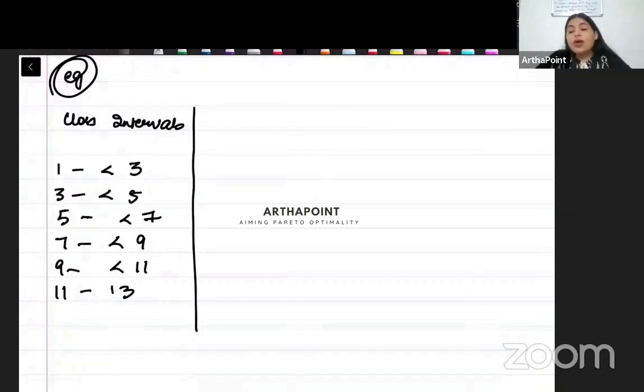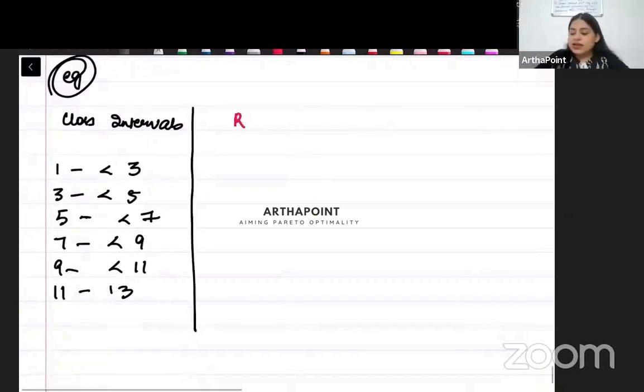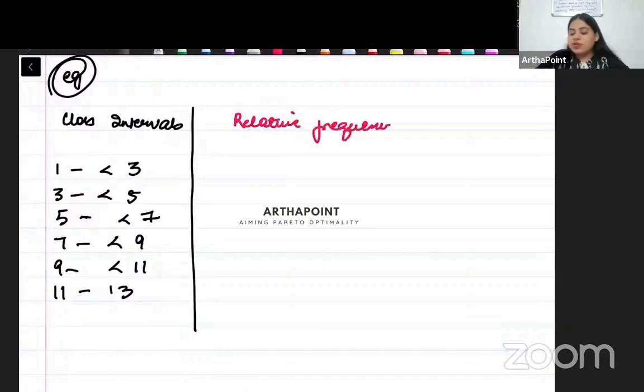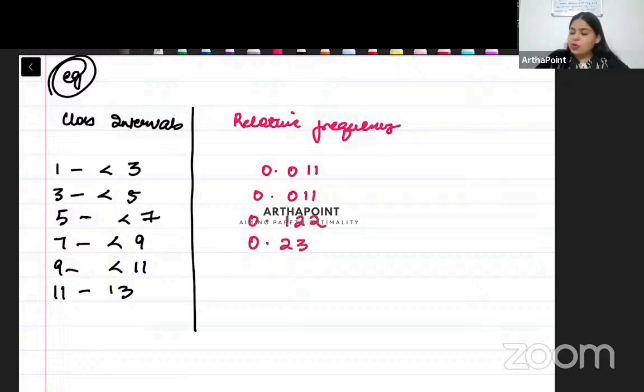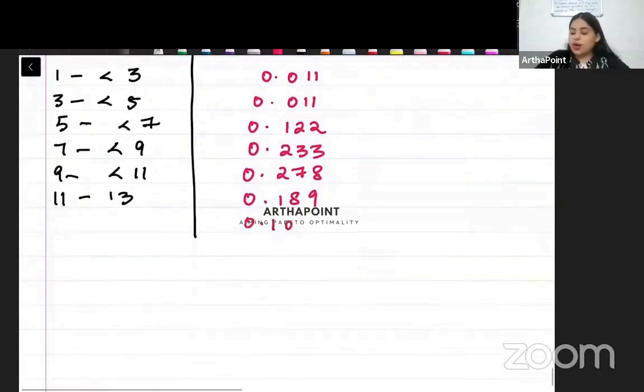Now, you have already given in this case relative frequency. But how do I know that this is relative frequency? If the sum is coming out as 1, it means that they have already given me relative frequency. So supposedly they have given me 0.011, 0.011, 0.122, 0.233, 0.278, 0.189, ऐसे करके आपको डेटा दिया हुआ 0.100, 0.044.